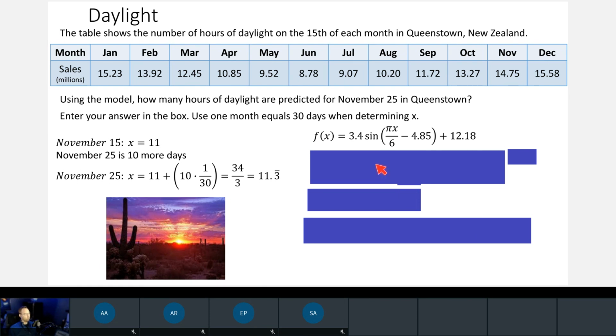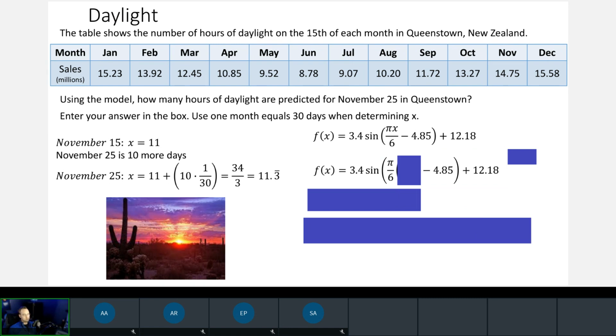Yeah, we plug it in. I don't know why I have this number here, or this little box. So what do I plug in right here? Why don't we plug in 11.3?